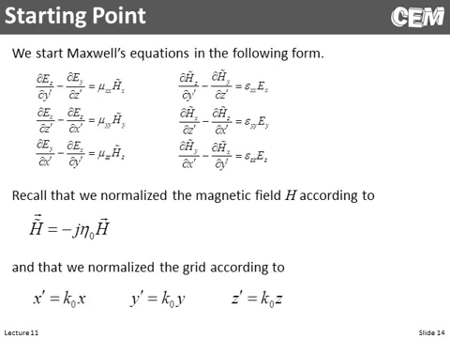We start off with our typical place that we talked about in one of the first few lectures when we were talking about preparing Maxwell's equations. So we start here, and to remind you what has happened, we're using a normalized magnetic field. We've also normalized our grid, and we've also assumed just diagonally anisotropic materials.